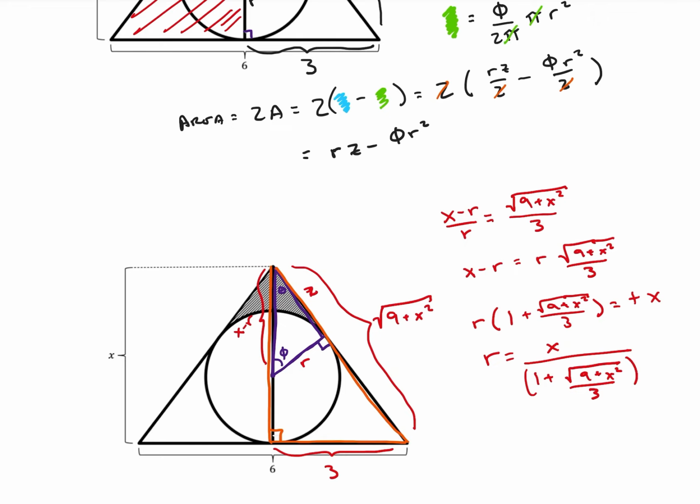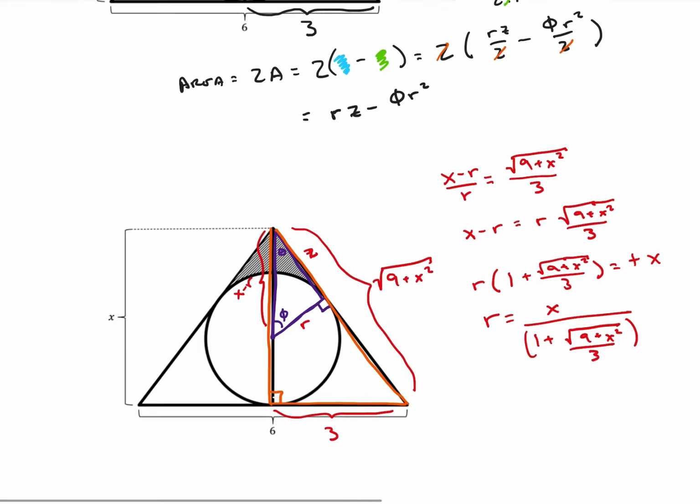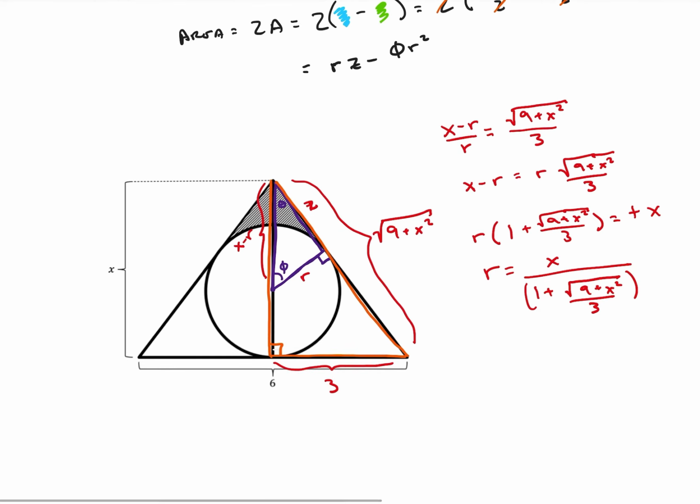So now I have r in terms of just x. So that is great. So the next thing we need is it'd be great if I had z in terms of just x as well. So since r is already in terms of x, if I could get z in terms of x, that would also solve our problem here.